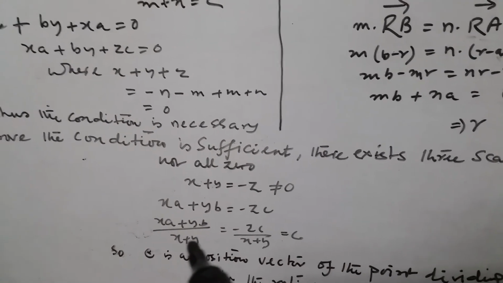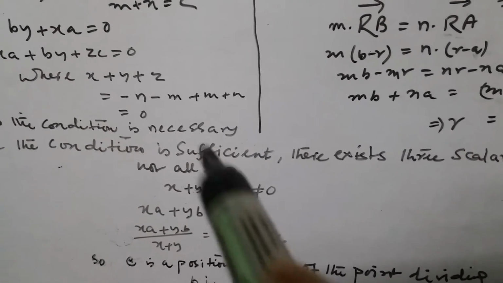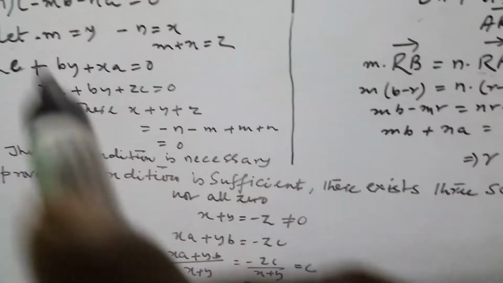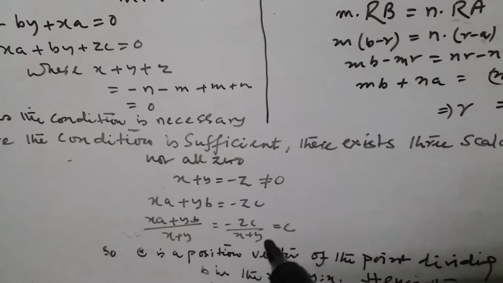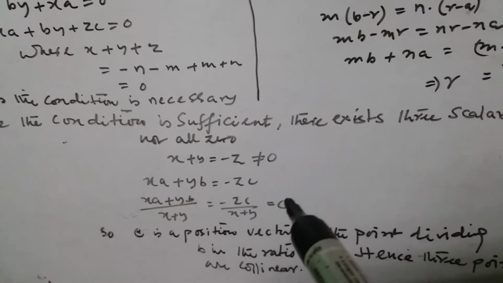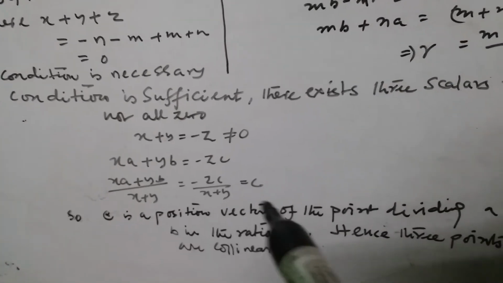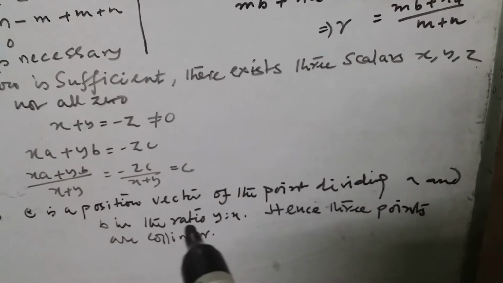Then you divide by x plus y, here also x plus y, and put the value of z here. Z is equal to M plus N is equal to minus x minus y, so you cut and you get the value C.